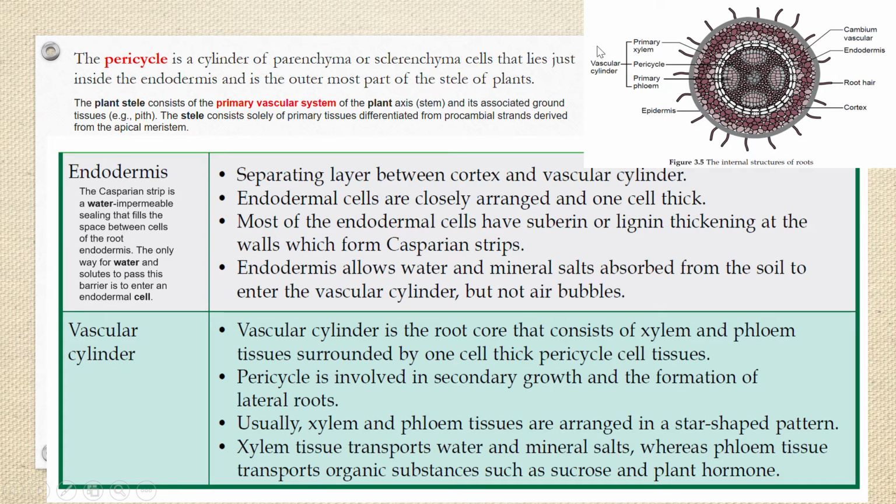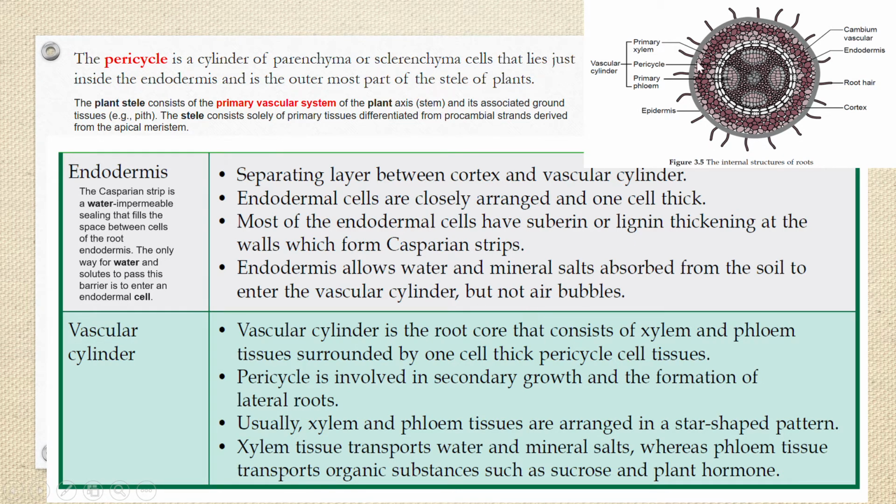So how is water entering, diffusing from outside, from the surrounding soil water, into the xylem? It is through the cytoplasm, through the plasmodesmata. So the endodermis cell itself is the one allowing water and mineral salts to be absorbed and to enter into the vascular cylinder.